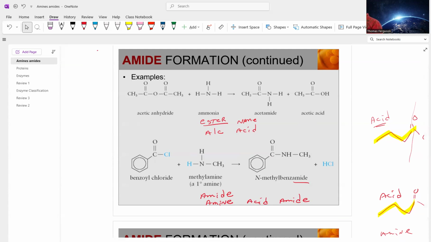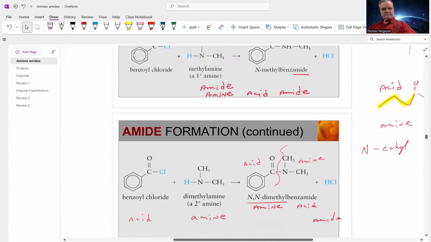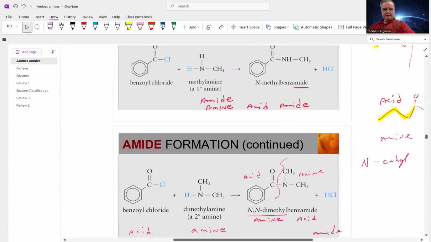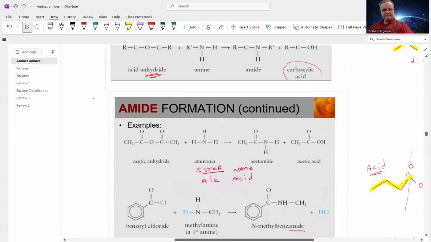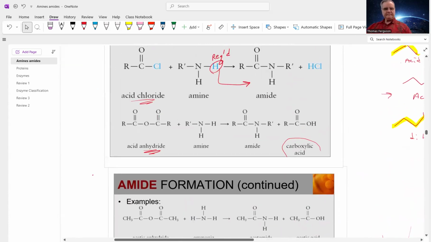So, let's see what time, 1:36. Let's stop here. Because this amide formation, amide reactions are more complex than ester reactions.